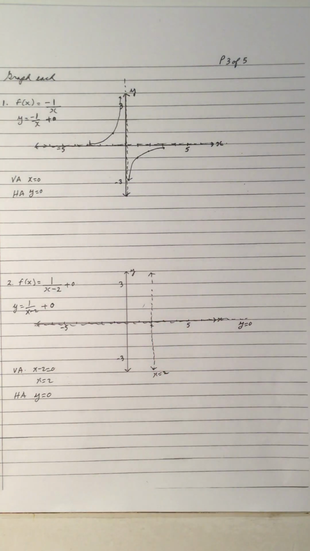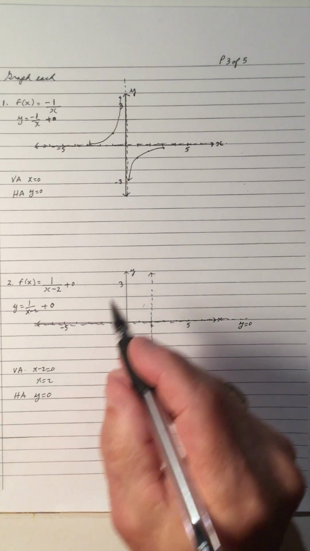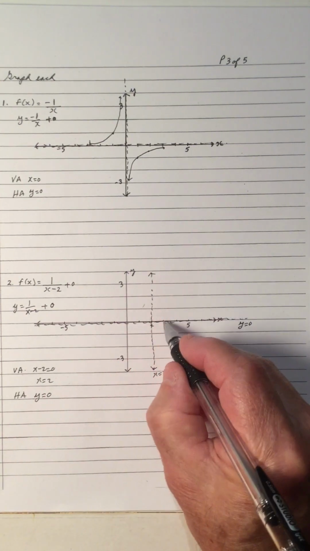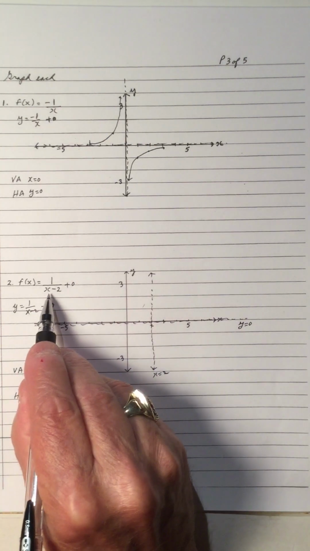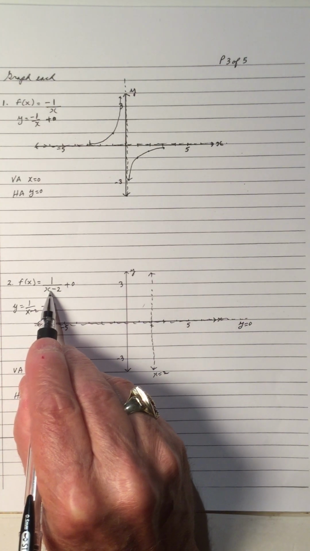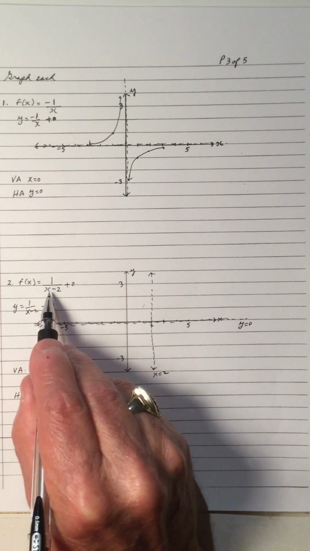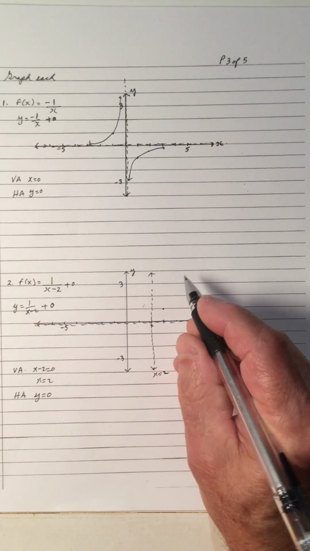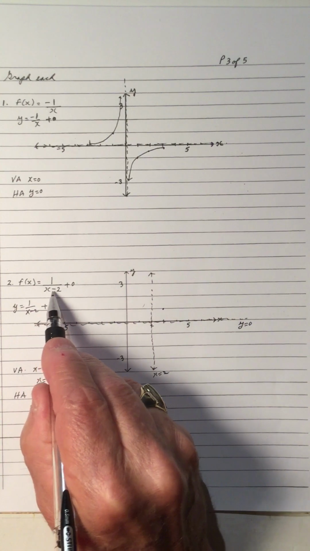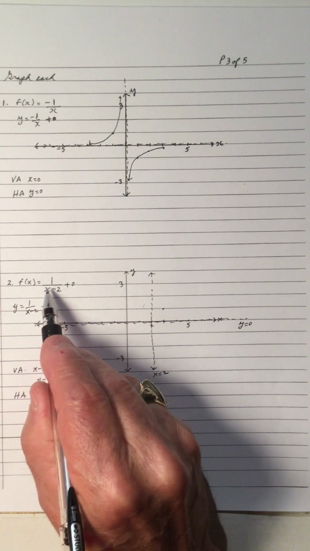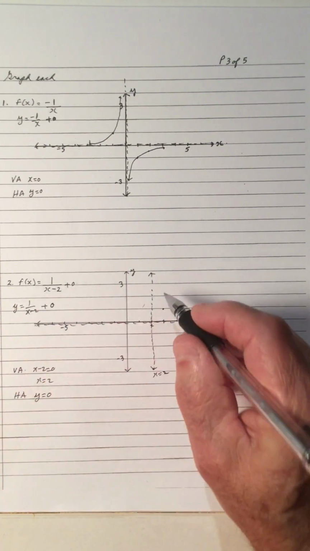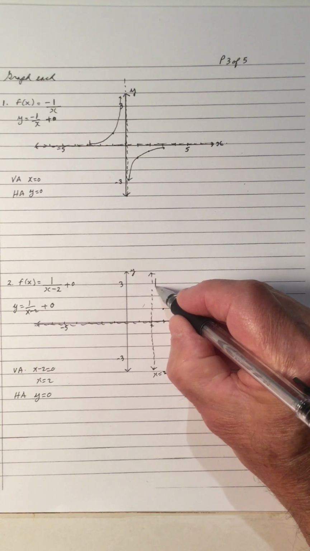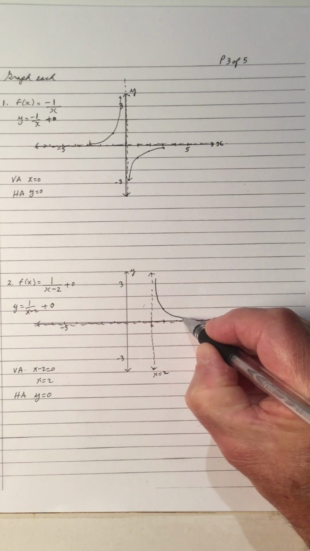Let's take some points. Let's look at the point when x is 3. When x is 3, 3 minus 2 is 1. 1 over 1 is 1. When x is 3, y is 1. Right there. And notice, 1 over a positive number makes y positive. So that means the graph is in like this.